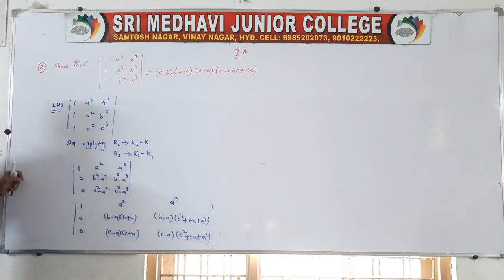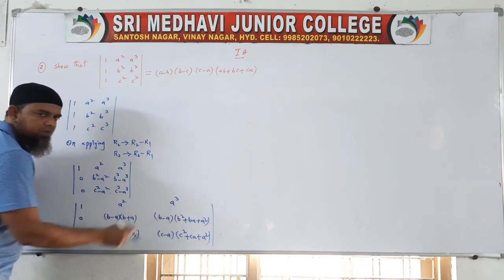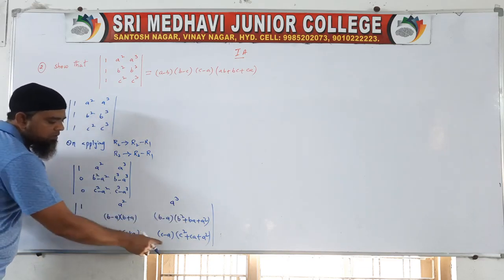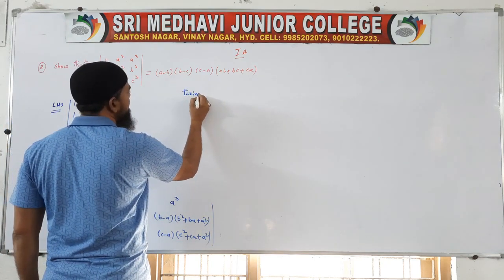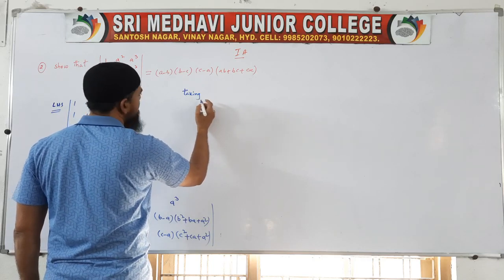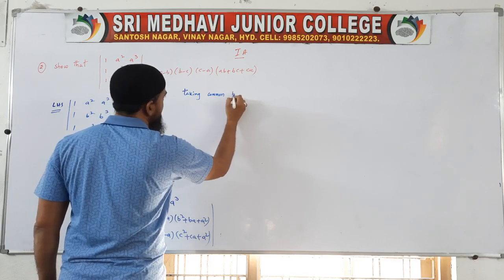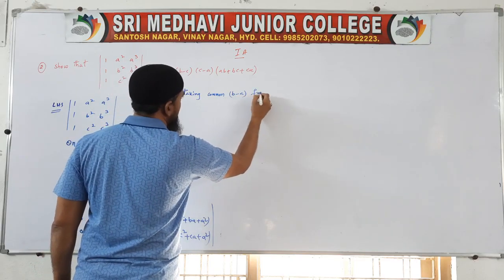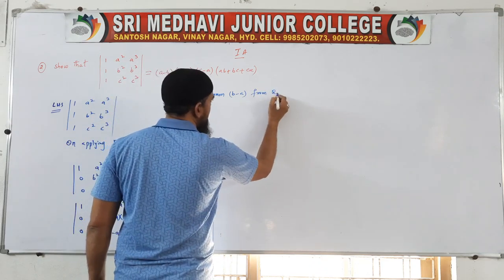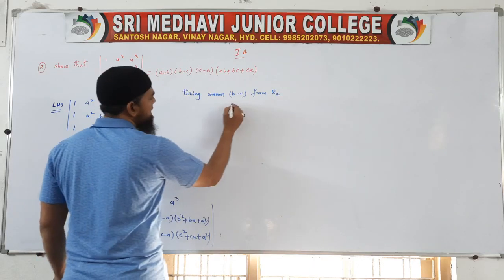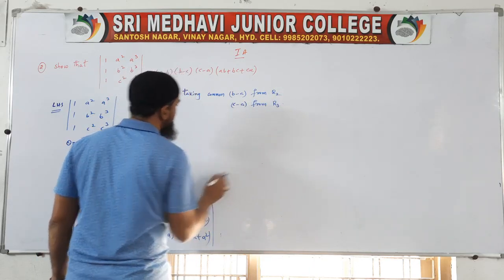When you check this, in R2 b minus a is common. In R3 c minus a is common. I am writing here, taking common b minus a from R2, c minus a from R3.